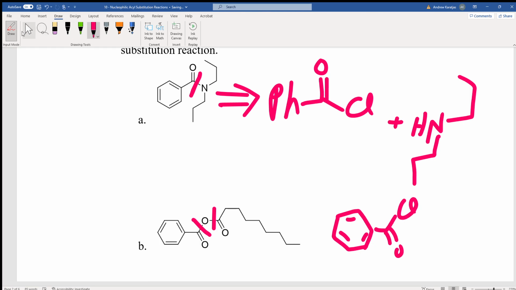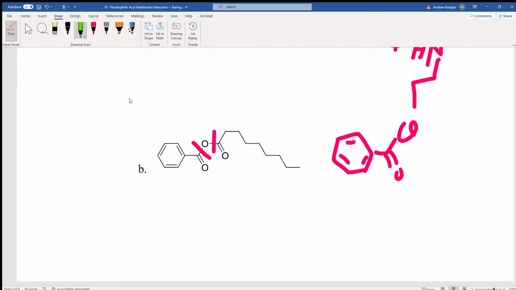So one possible answer, if we broke it up here, we'd get the acid chloride on the right. And the carboxylic acid on the left.